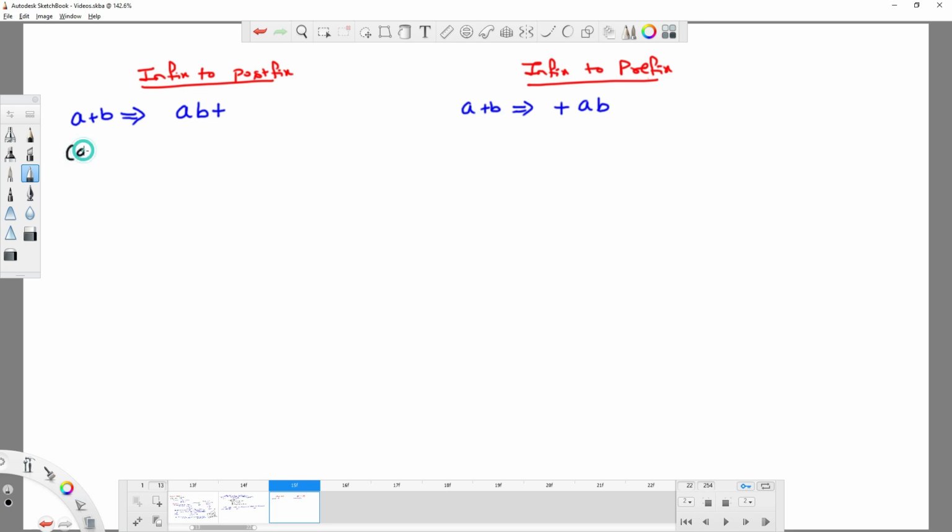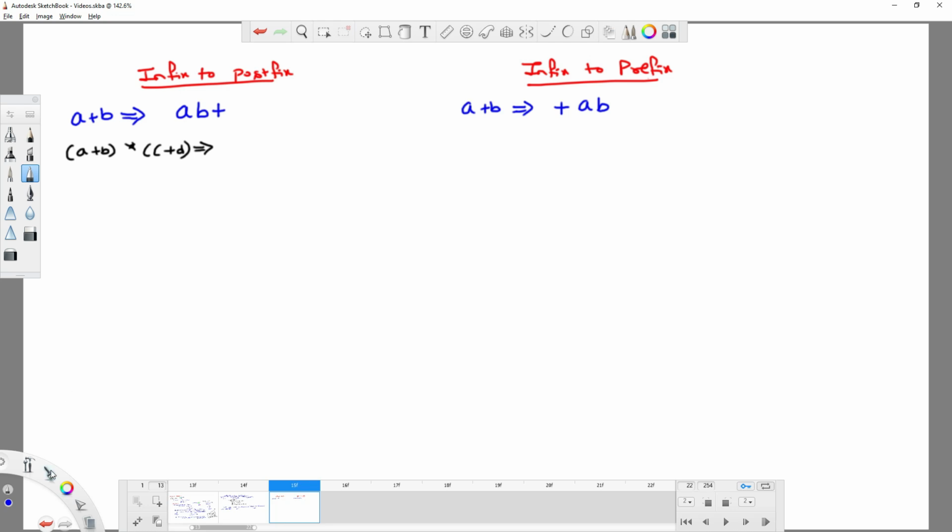Let me say (a plus b) into (c plus d). Okay, this is the infix expression. How are we going to convert it? In general, try to reduce the problem into two simple variables.